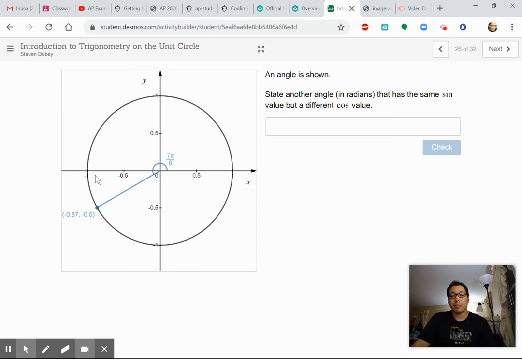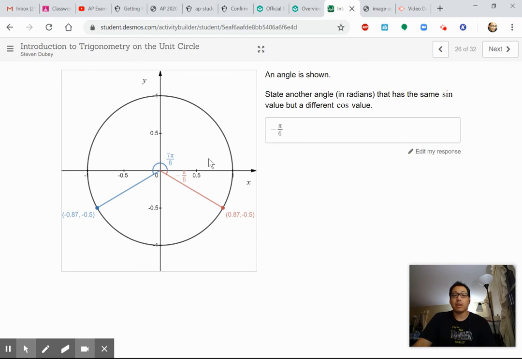So this angle from here is an extra pi over 6. There are two ways to do it. The easier one would be to make a negative angle. To say negative, we want to go down pi over 6. And that would get you to the right place.